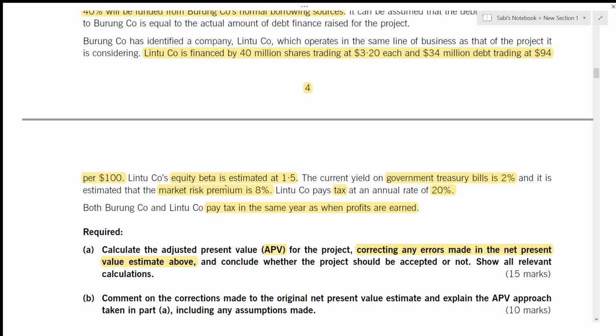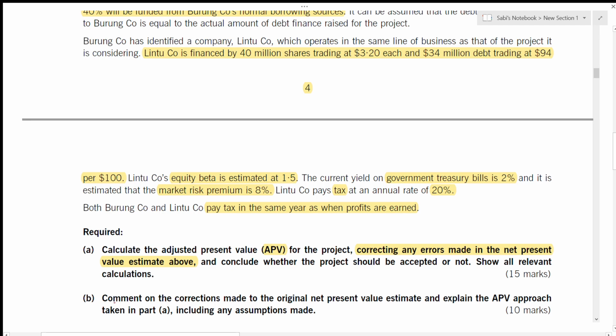So make sure that you don't avoid this topic altogether, and attempt all the questions where you have to calculate adjusted present value, right? And conclude whether the project should be accepted or not. Show all the relevant calculations. So first part is for your calculations.